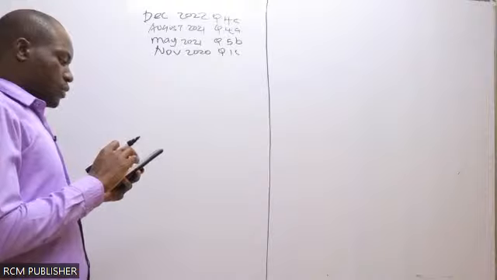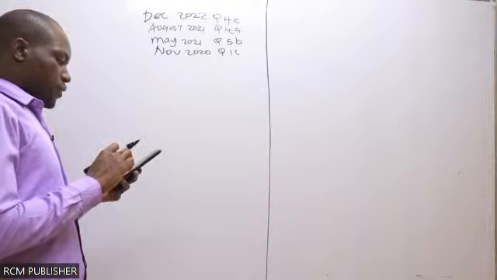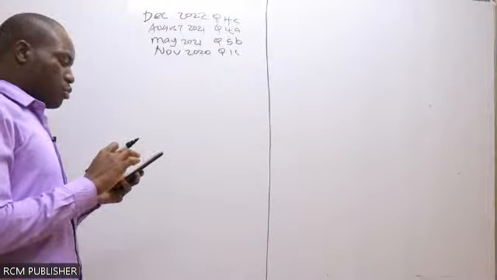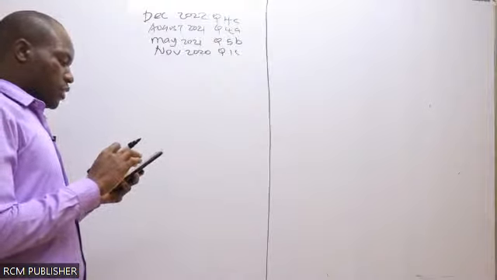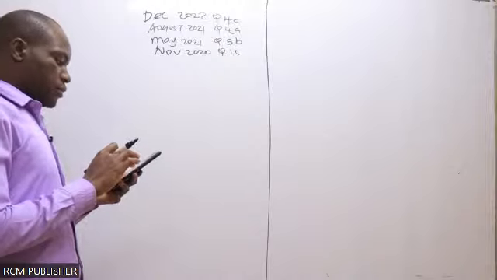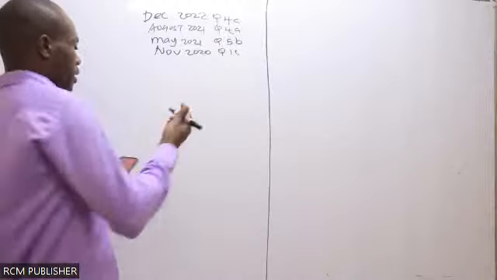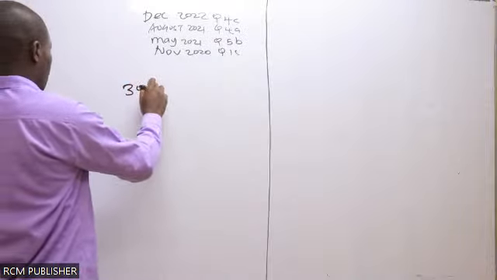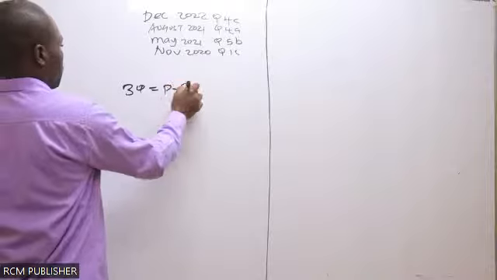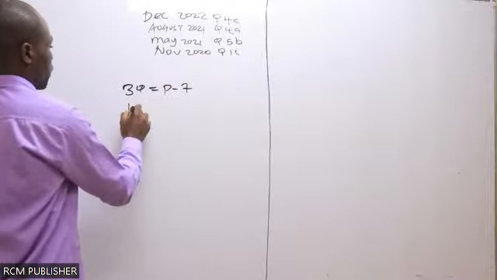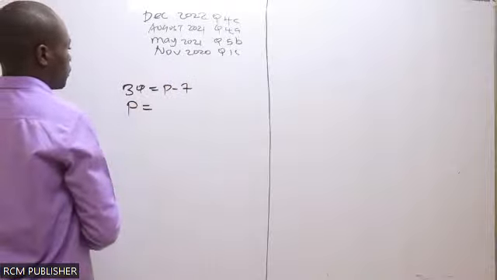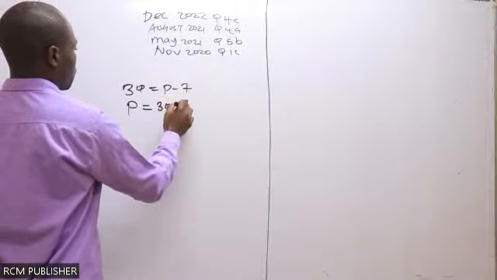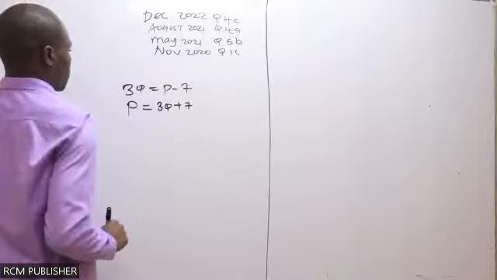So you must first of all make either Q the subject of the formula or P. That P will represent the price. And then you have 3Q is equal to P minus 7. Then we said we make P the subject of the formula. It is going to be 3Q plus 7.